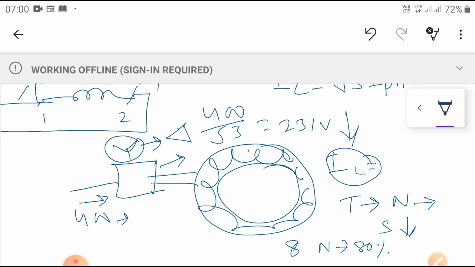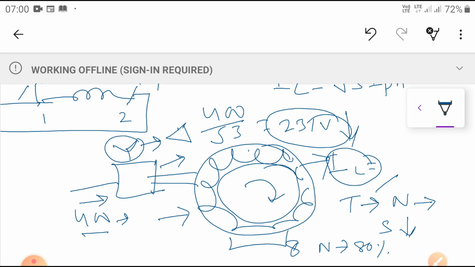That means the six terminals are connected in delta fashion. Whatever the 400 volts is given, the full 400 volts now appears across the stator winding. Correspondingly it induces the corresponding torque, and the motor runs at normal condition, ready to take the load. This is the basic concept.